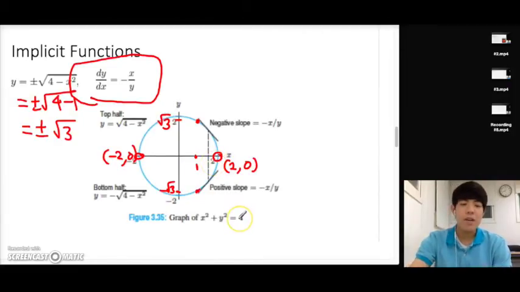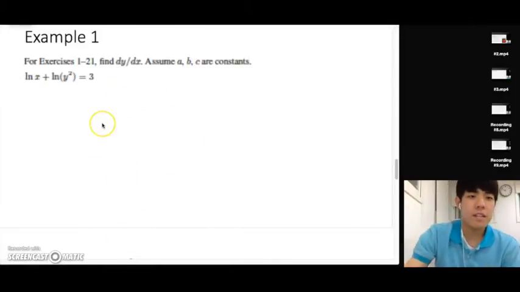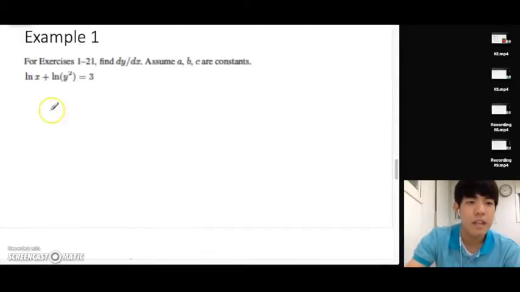Okay, so now that we have seen how to implicitly differentiate a function, let's take a look at some more examples. For our first example, we have: find dy/dx for ln x plus ln y squared equals 3. Like we did on our previous problems, let's first take d/dx on both sides.